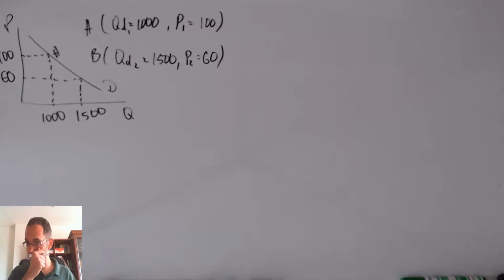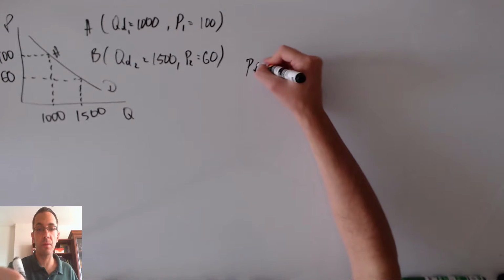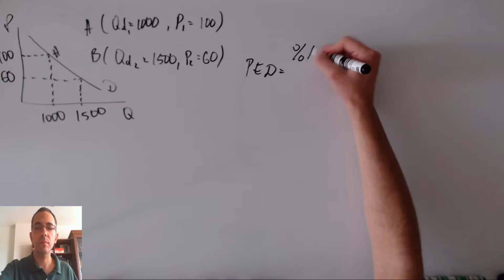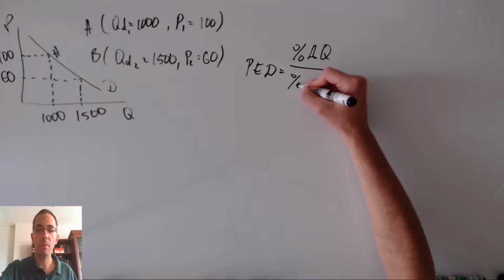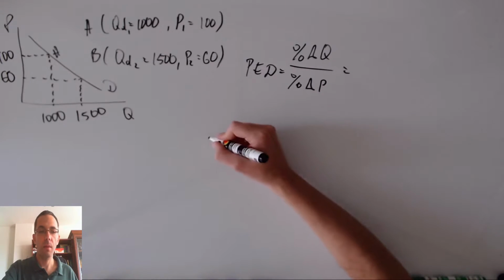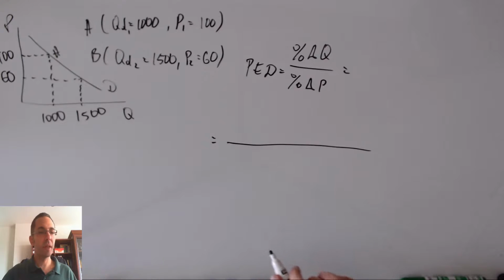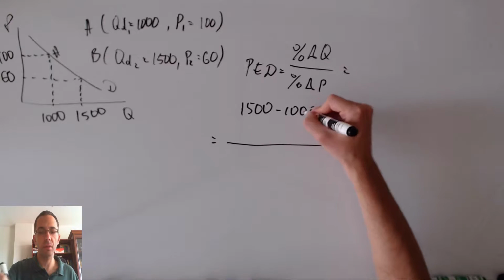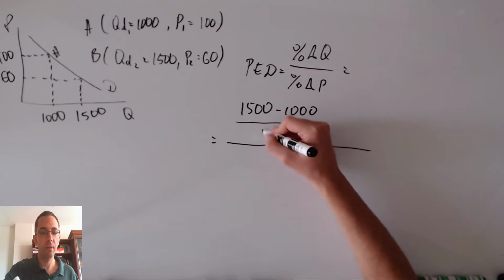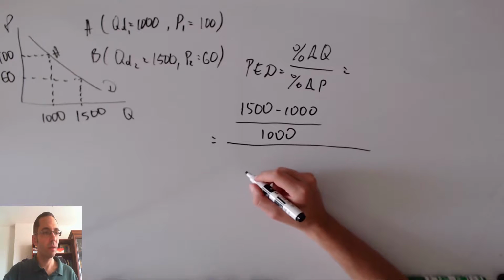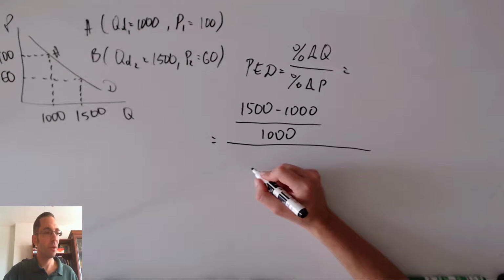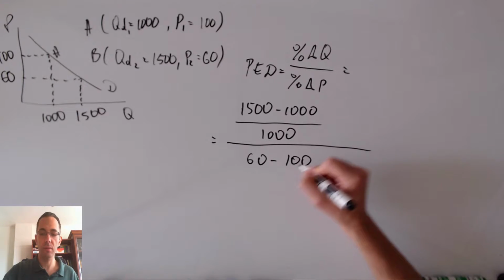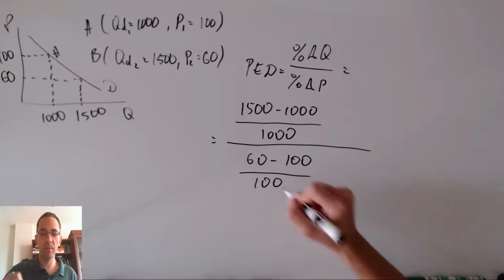Let's plug these numbers into the formula and see what we get. Expanding these equations, we get 1500 minus 1000 divided by 1000, and over here we have 60 minus 100 divided by 100.